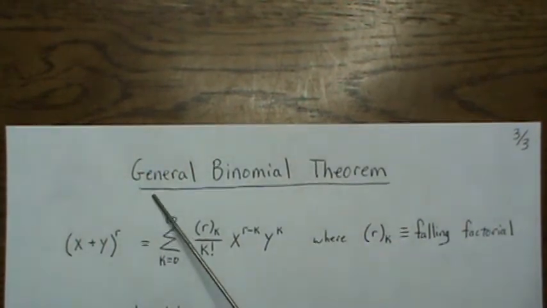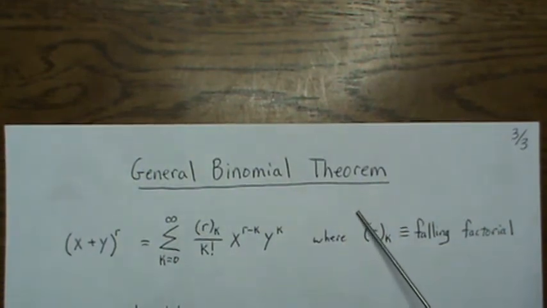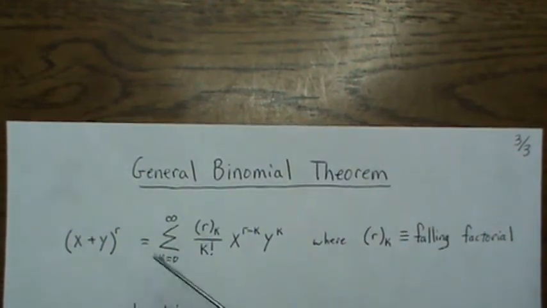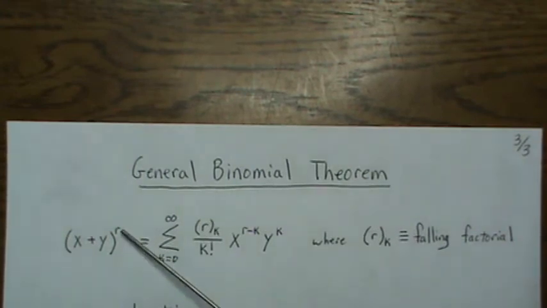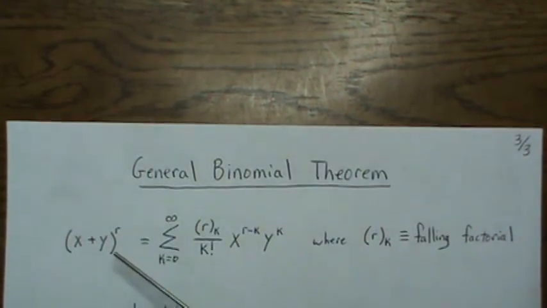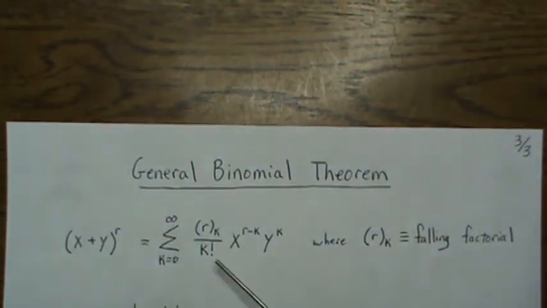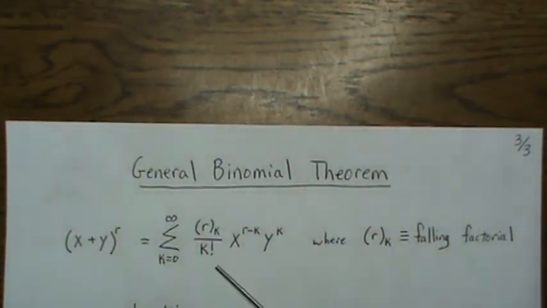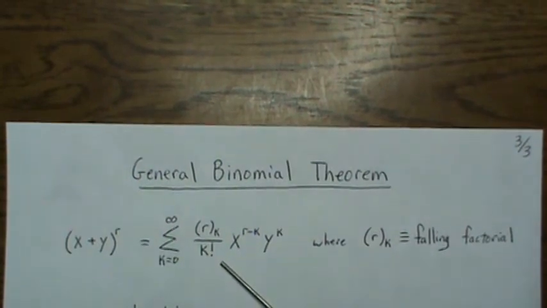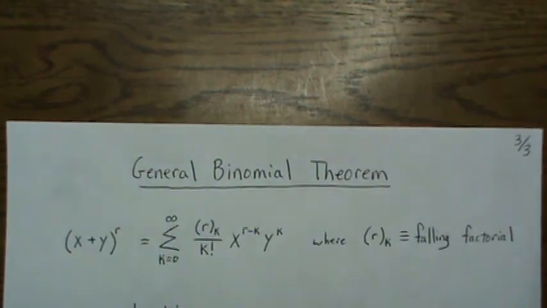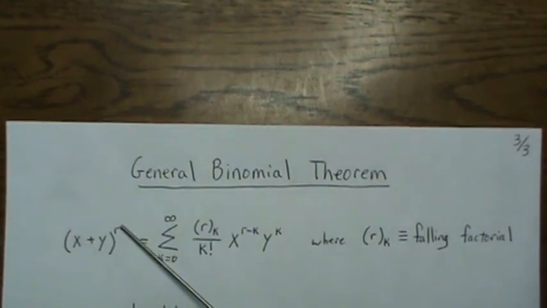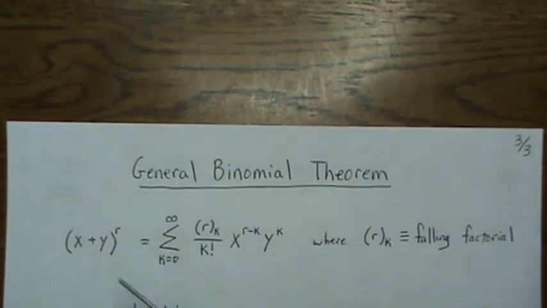And they were referencing the general binomial theorem, which is the binomial theorem, but the n can be any real number r. And it can be written in a very similar form to the binomial theorem. The binomial theorem is a special case of the general binomial theorem when r is a positive integer.